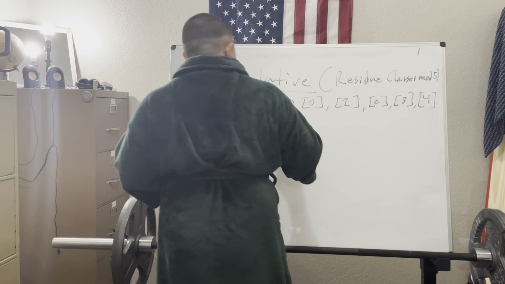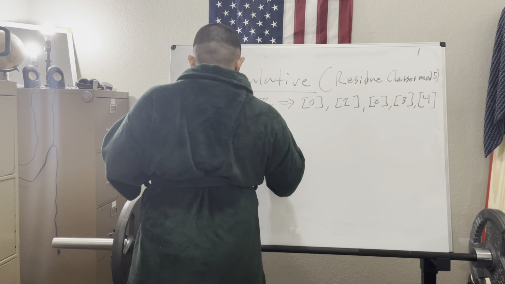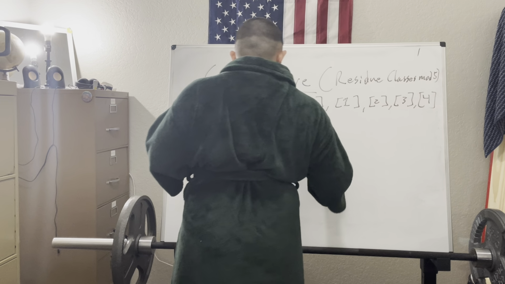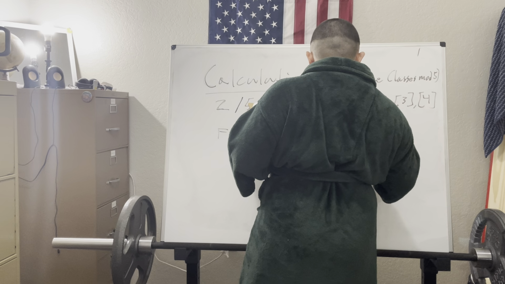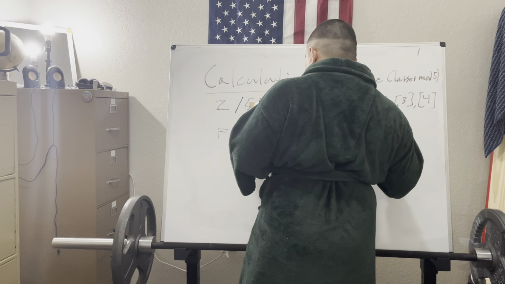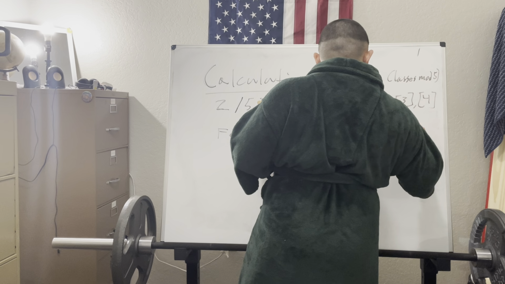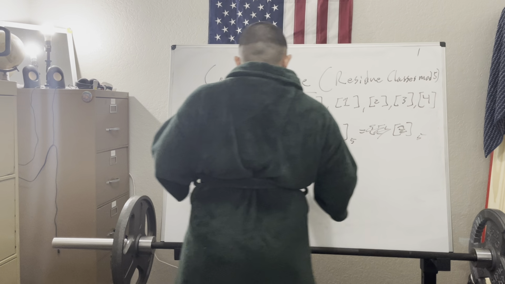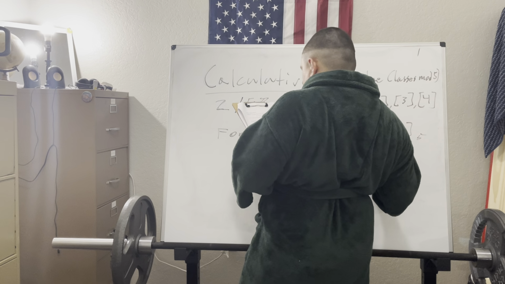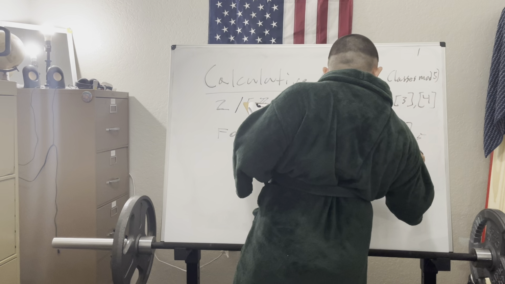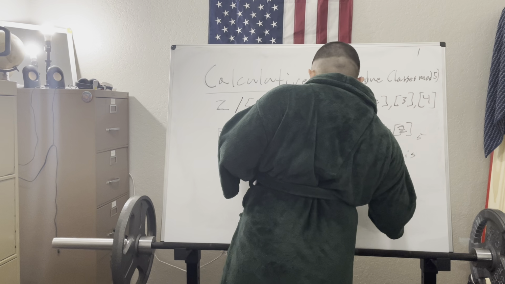For instance, the residue class of 7 with respect to modulo 5 is equal to the residue class of 2 with respect to modulo 5, since 7 minus 2 is equal to 5, which is divisible by 5. Fair enough.